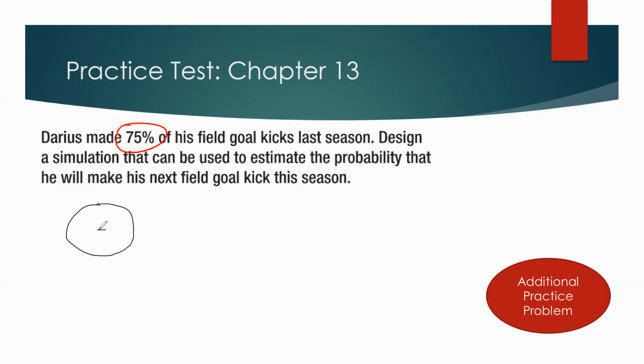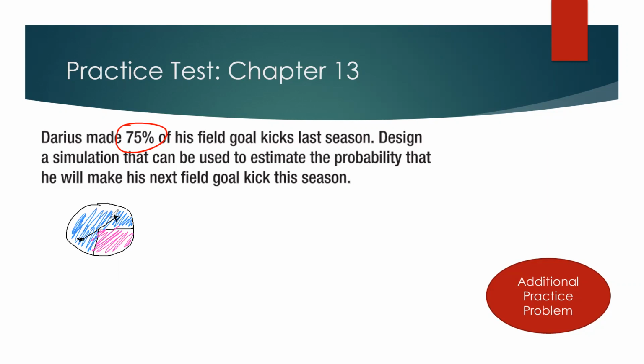We would have 75% be one color and then 25% be another. So let's say that's 25%, and then this is 75%. And then we have our spinner here. So this would be our simulation.